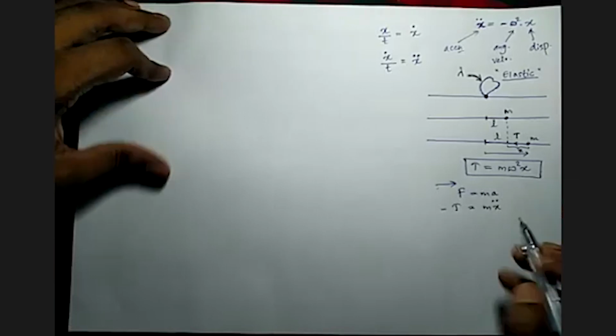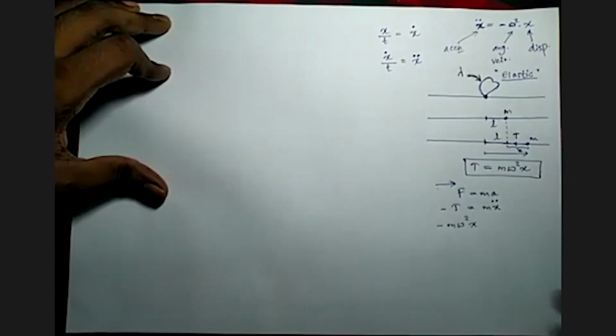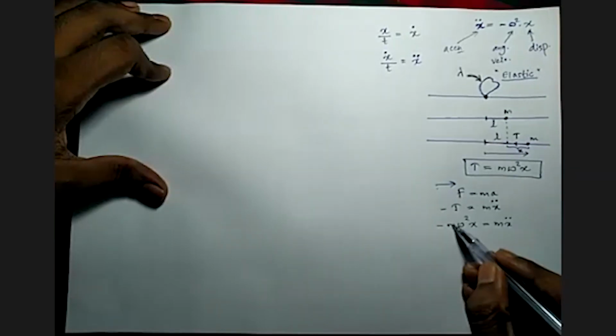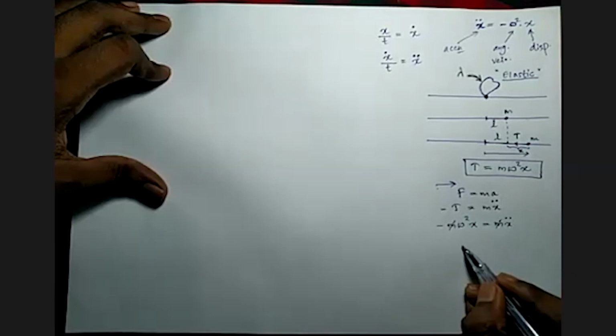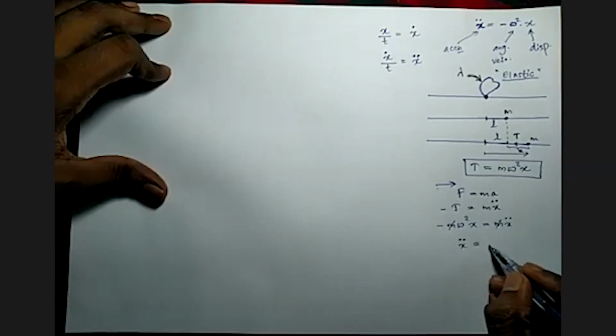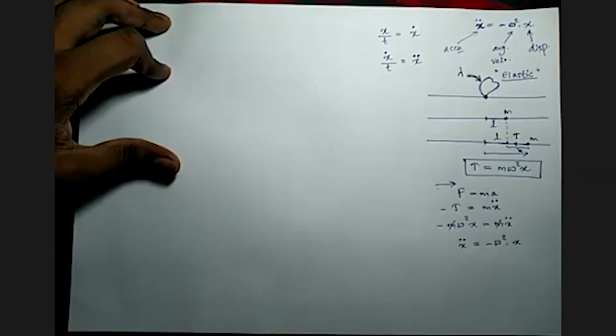So T is minus m omega square x, negative because of the direction, and here we have m x double dot. Both side masses get cancelled. Then we have our characteristic equation, x double dot is minus omega square into x.